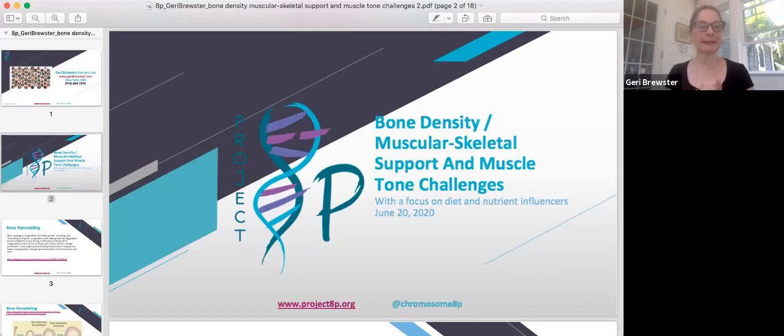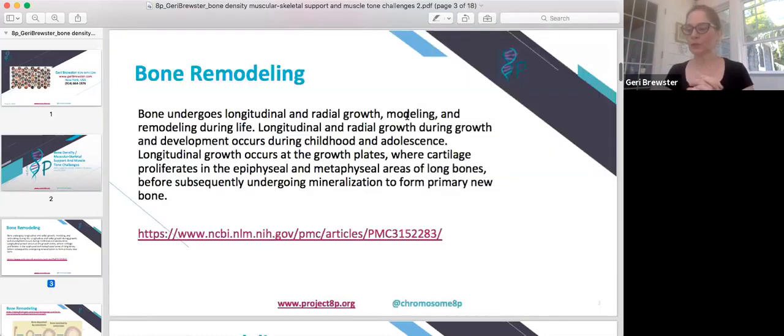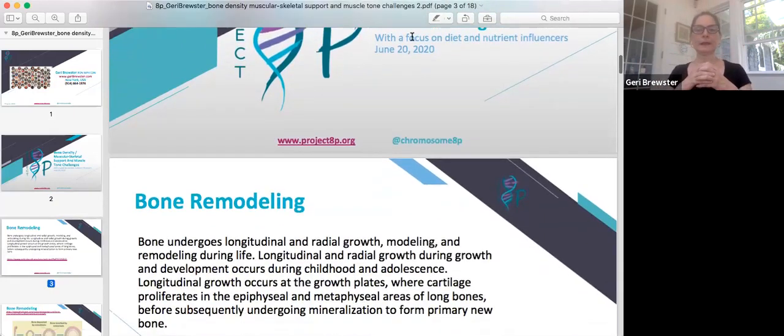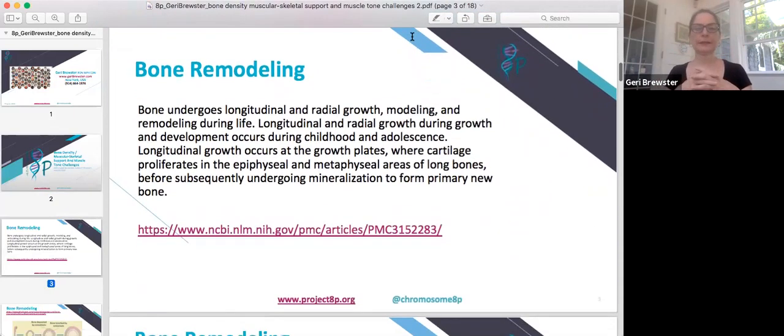You can go to the next slide, Katie, thanks. So I'm just going to start with this whole concept of bone remodeling. Certainly after we reach our full growth potential, our bones are still always turning over. Bone is very dynamic, and it's really made up of hard and soft tissue.